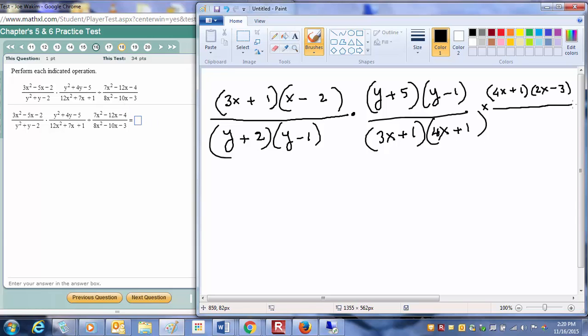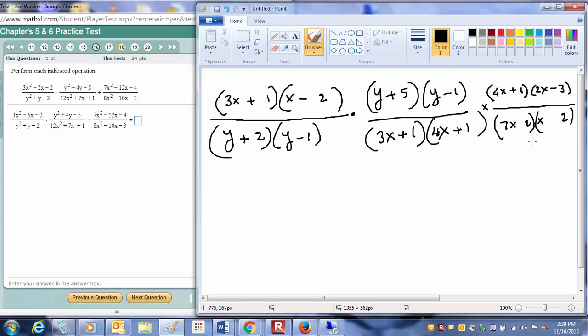And the last one is going to be 7x squared minus 12x minus 4. I love the 7 because it's prime. I don't have to worry about anything here, I just have to put 7x times x, right? Because that's the only option to get 7x squared. Now, how do I get the 4? I can do 2 times 2, and that's the best thing in this case, because look what happens here.